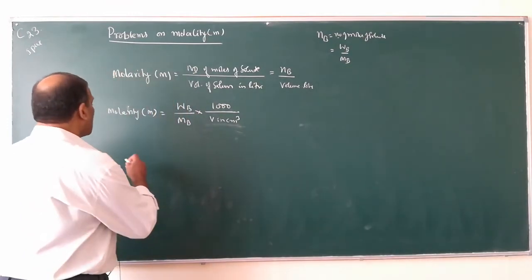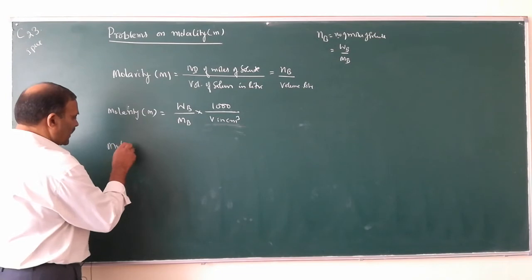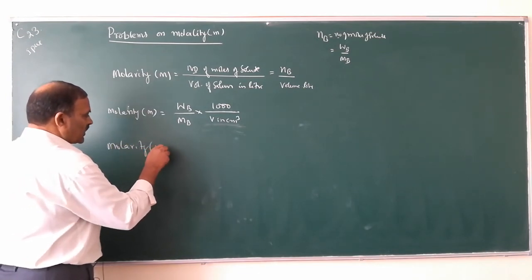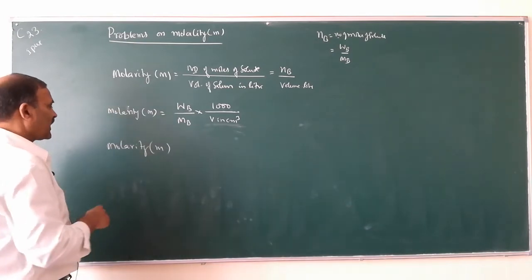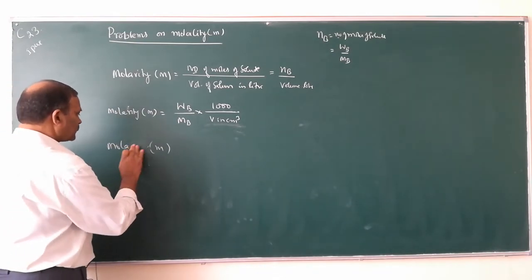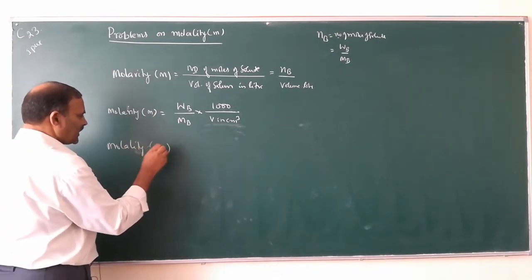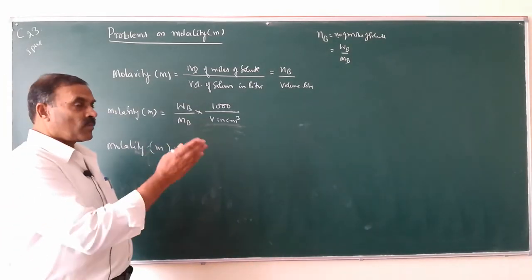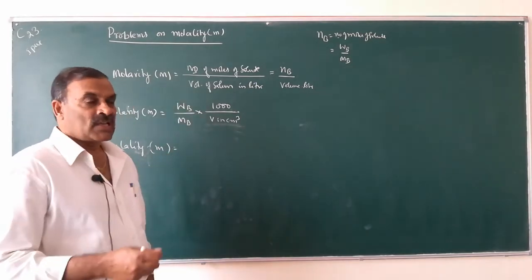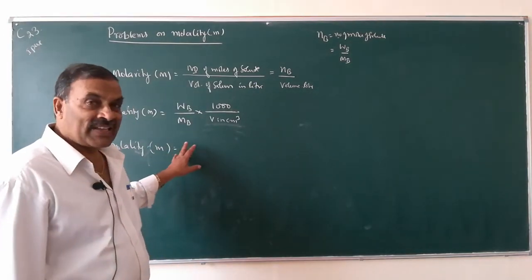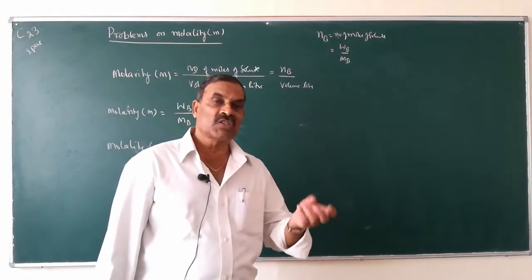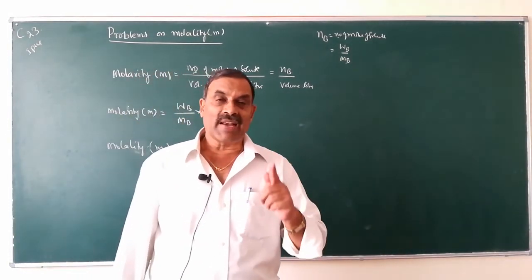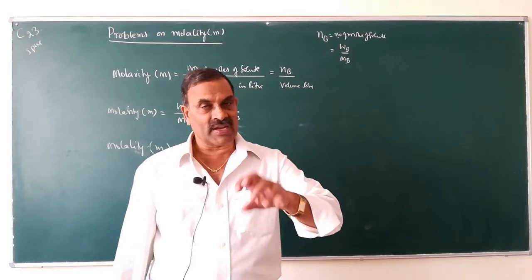So, similarly, coming to molality, another concentration term used to express the concentration is molality. What is molality? The difference between molarity and molality. So here molality equals number of moles of solute dissolved in or present in 1 kg of the solvent.